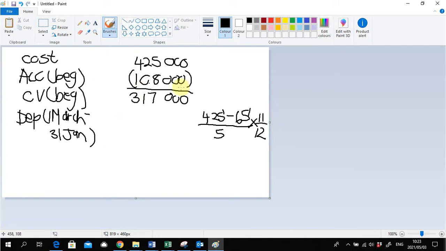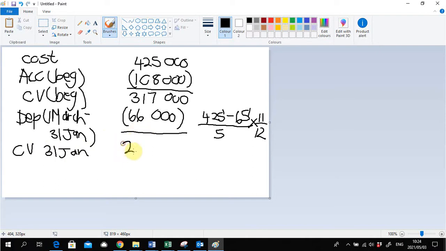If I do that calculation, I get to depreciation of 66,000. So now I can calculate my carry value as it would be on 31st Jan. And if I calculate the difference between these two, I get 251,000. Now I need to go and do my impairment.